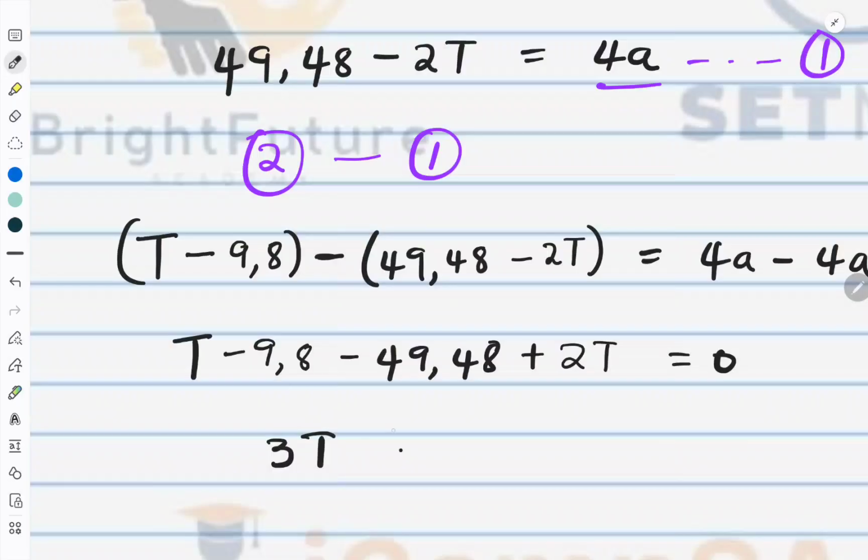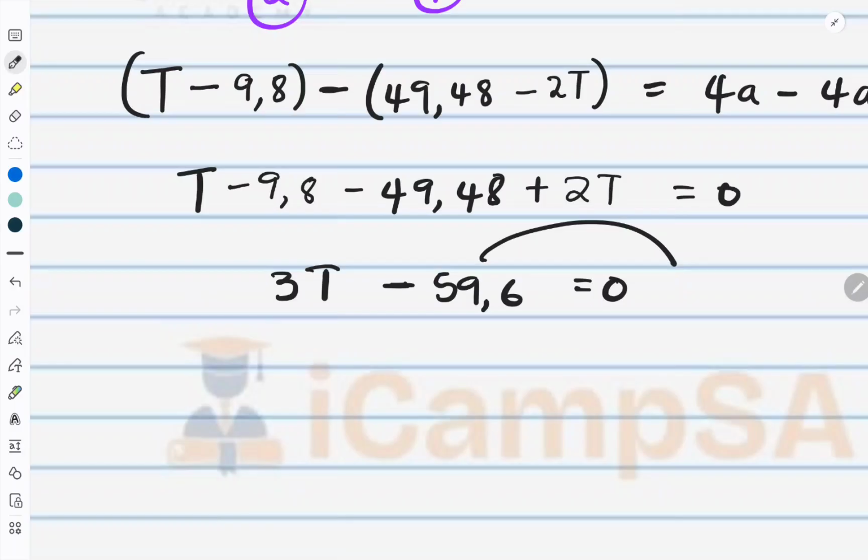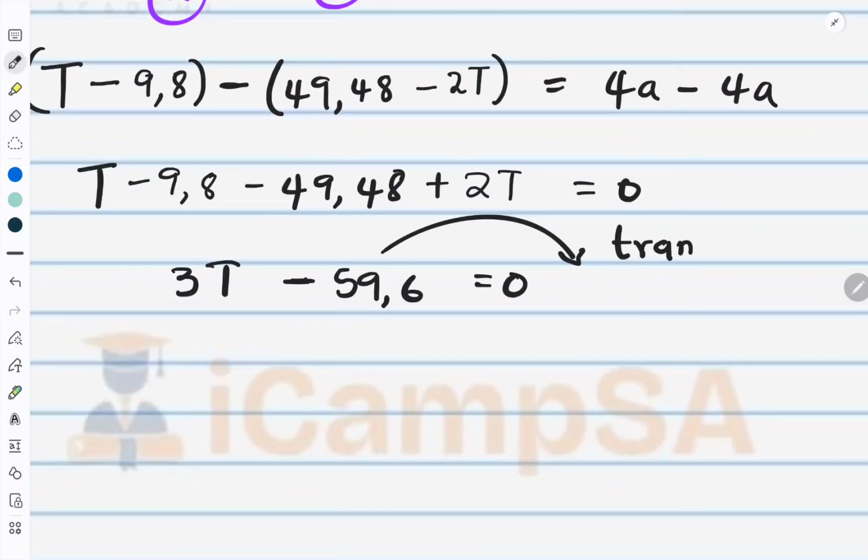And then when you add these two and transpose, okay, let's do it step by step. So it's 9.8 plus 49.48 because it's minus minus anyway. Then you'll have 59.6 is that. Then when you transpose, take this side there. We call this transposing.